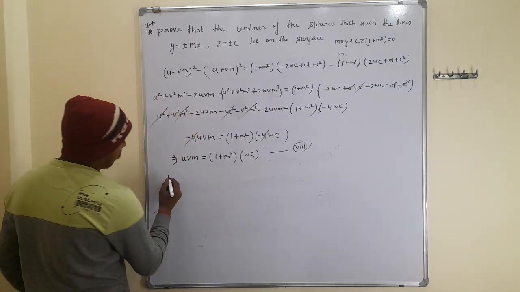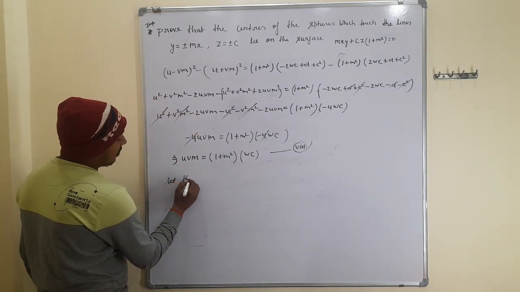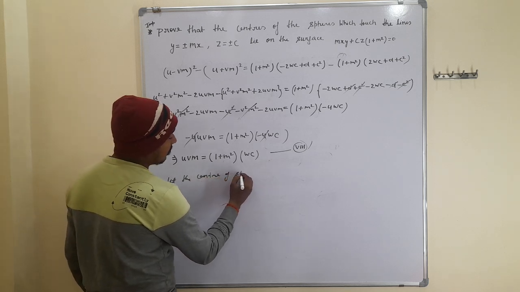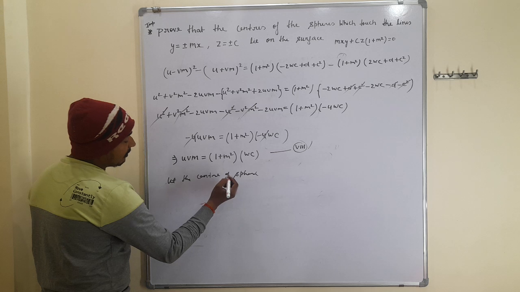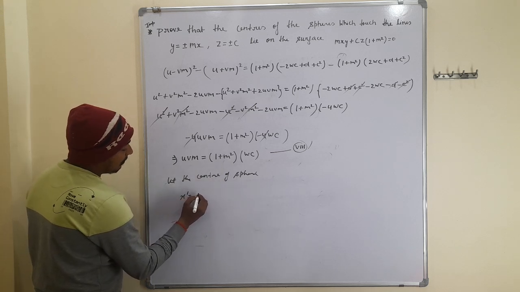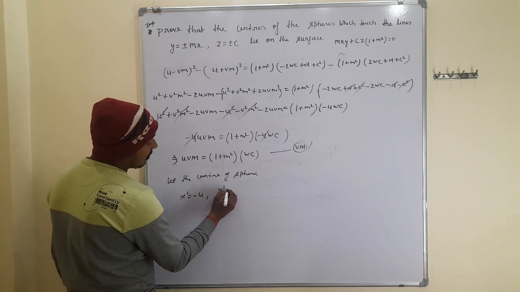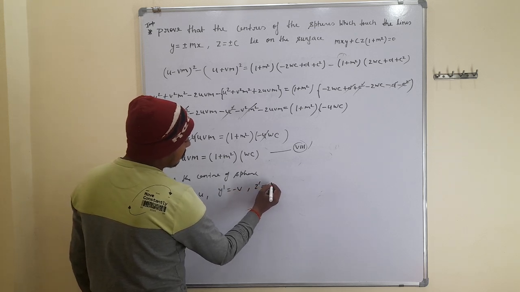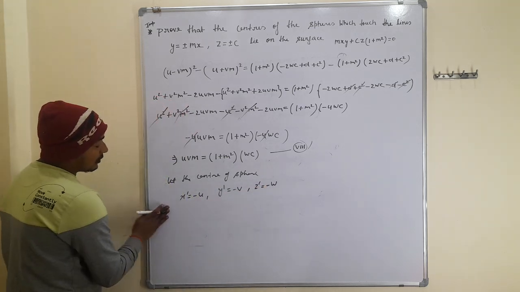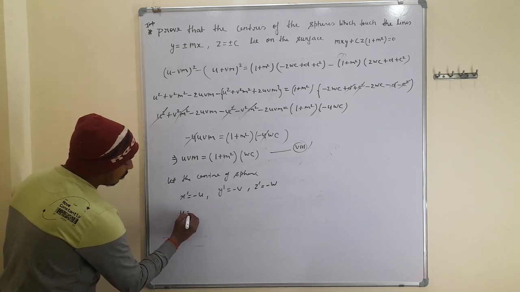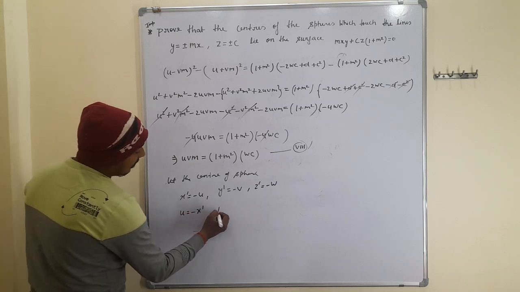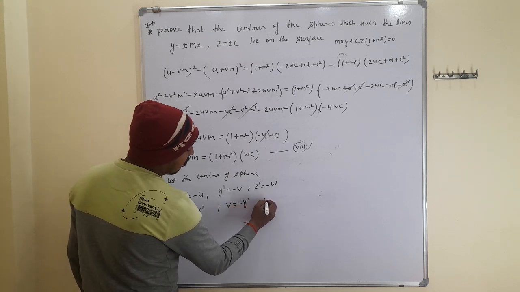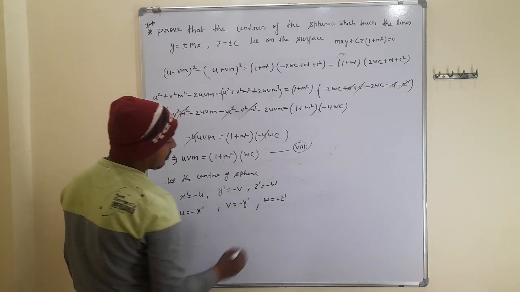Let the center of the sphere be given by x dash equal to minus u, y dash equal to minus v and z dash equal to minus w, and we can also write u equal to minus x dash, v equal to minus y dash and w equal to minus z dash.